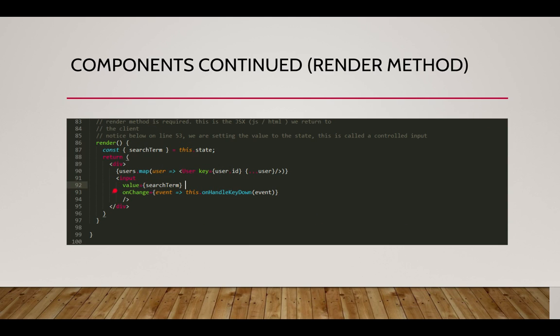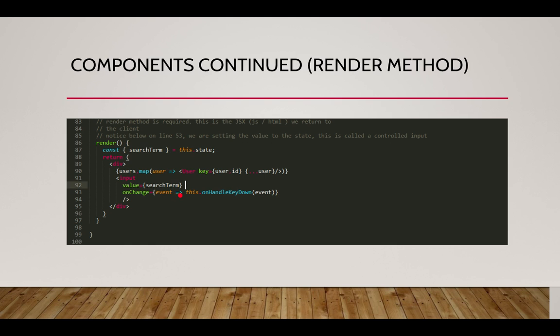If I don't put this onChange method in here, nothing's going to change, and we are not going to be able to type in at all, because this is what's called a controlled component. A controlled component in React is a component that we are handing over to our component, saying we're going to implement a method to handle this.